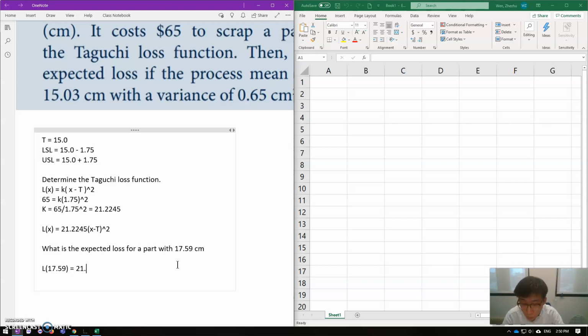K is 21.2245. This is the same constant we're using here. And x is 17.59 minus 15. You square it. This is the potential loss, expected loss at the quality dimension 17.59.